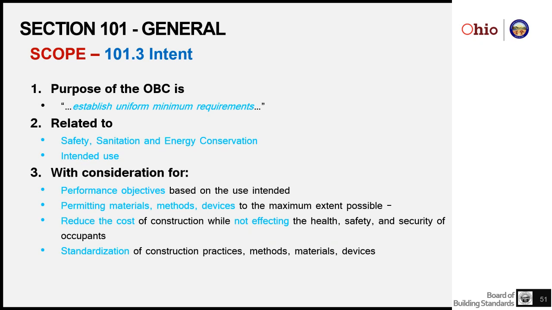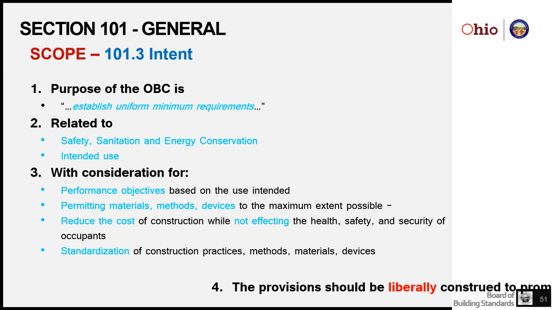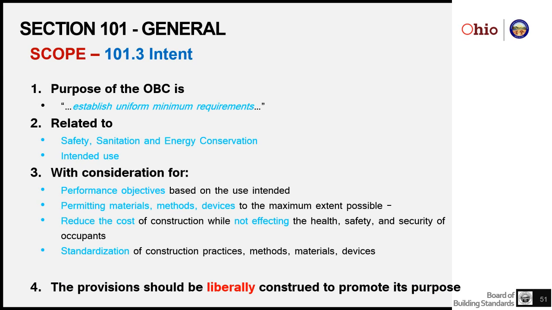We want to help reduce cost without affecting health, safety, and security of the occupants. We want to promote standardization in terms of practices, methods, materials, and devices. And the provisions should be liberally construed, not thrown out the window, not up to any whim, but you have to meet these intents, and if there is a reasonable application, it'll get approved.